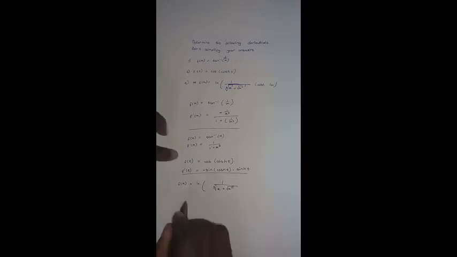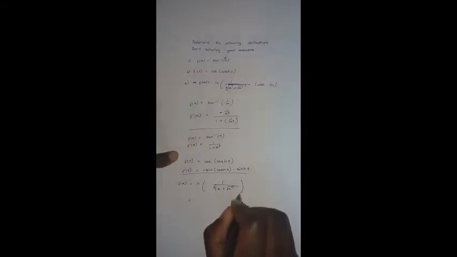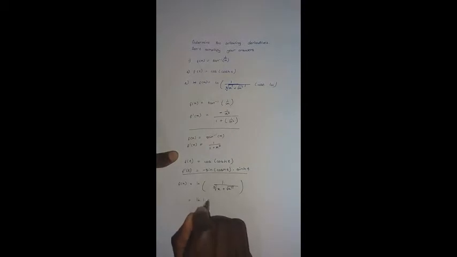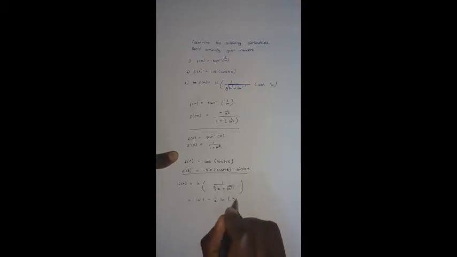So this is just similar to the laws of logarithms: ln of 1 minus, then it's going to be 1 over 3 because you're going to bring this cube root down. Then you'll be left with ln of x plus root x. Hence now you can easily get your derivative.